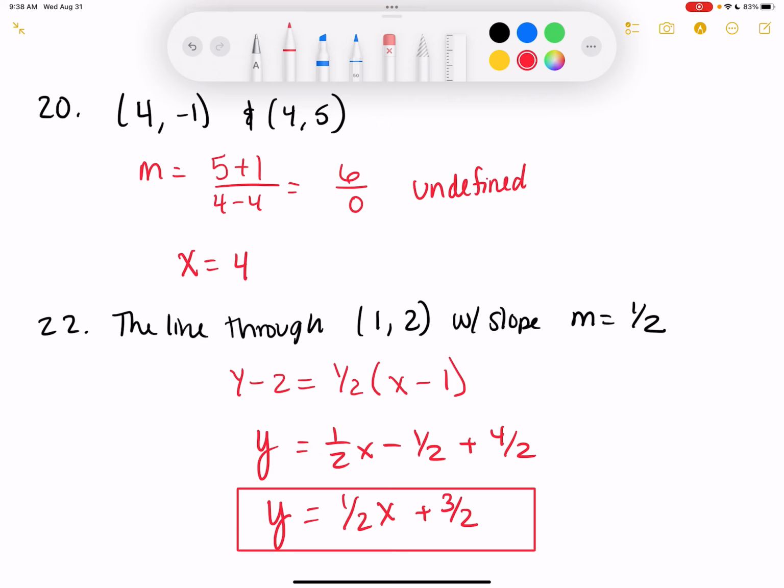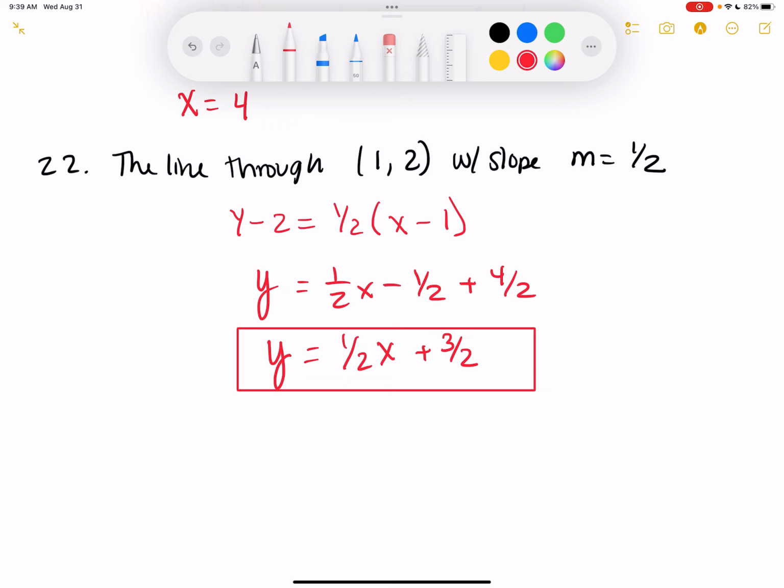All right, and then the last thing: find an equation for the line passing through the point and parallel to the given line. Then find the equation for the line passing through the point and perpendicular to the given line. It says to support your work graphically. We don't do that. It's going to give you a point and a line, and then you need to find one that's parallel and one that's perpendicular to it.